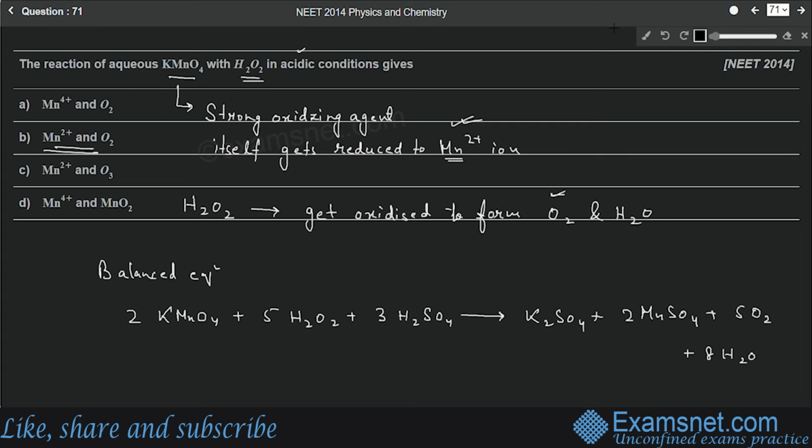Okay, so here the oxidation state of manganese is +2. So this is Mn2+ ion and we are getting oxygen as well. Therefore option B is the correct answer.